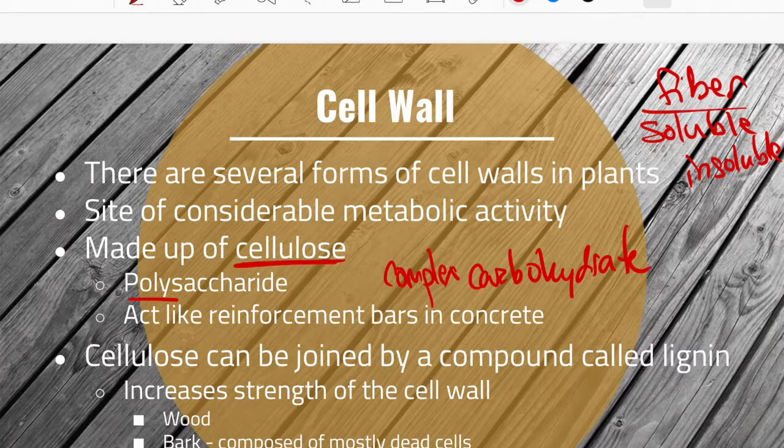Cellulose can also be joined by a compound called lignin. And when we have lignin in there, that lignin acts like a rebar and increases the cell wall strength, and it gives you wood. So when you have cell walls that have lignin, we call that wood, like a tree or bark.